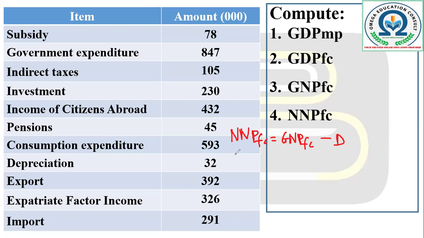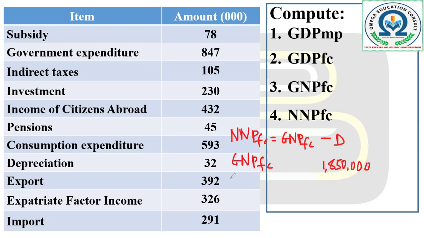So we identify our GNP. So our GNP value is 1,850,000.